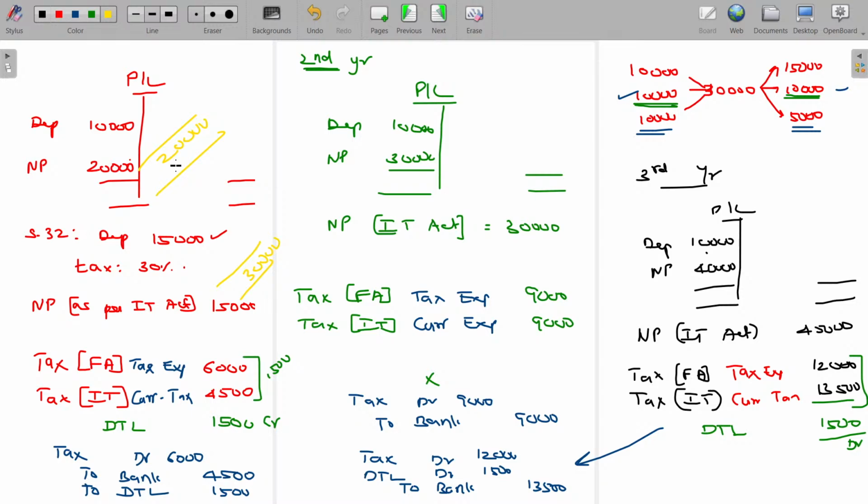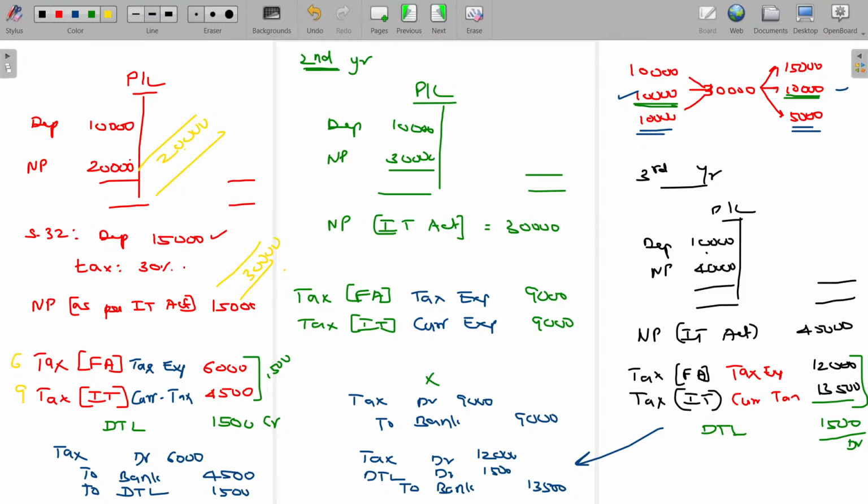Then tax for the financial accounts being 30% on this being 6,000, tax for this purpose being 9,000. So the tax paid being 9,000, but tax expenses being 6,000. The difference between these two is temporarily kept as deferred tax asset, we may recover later on.